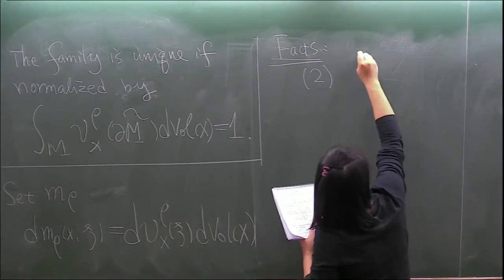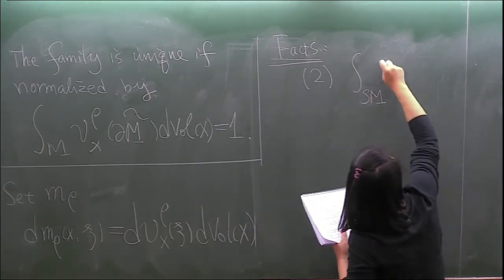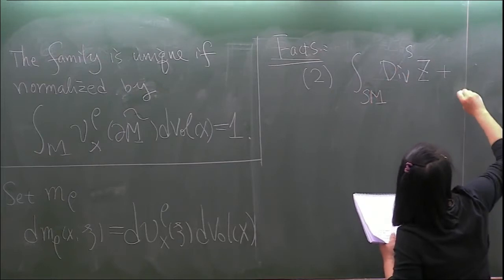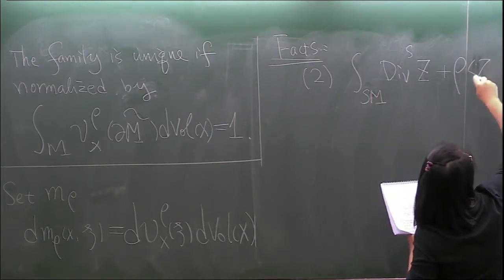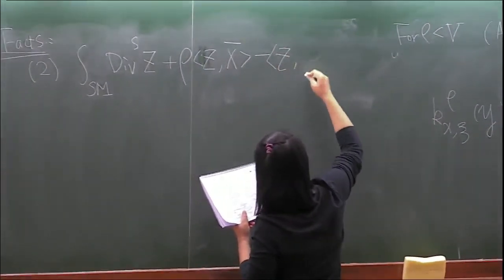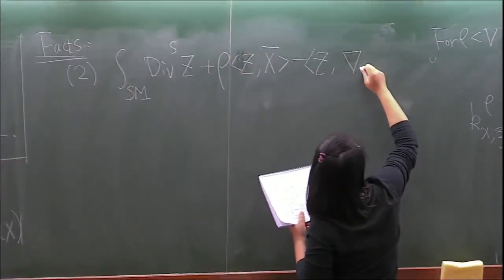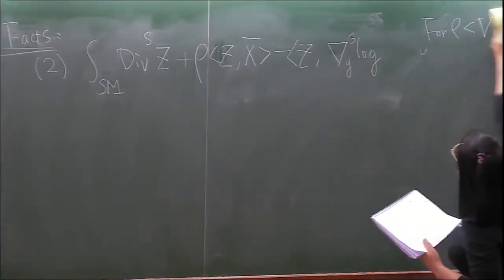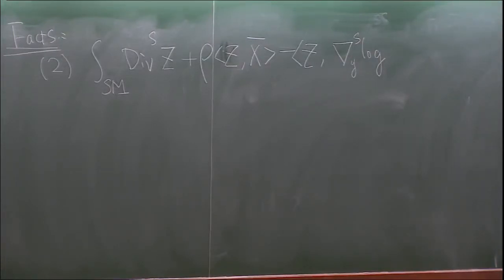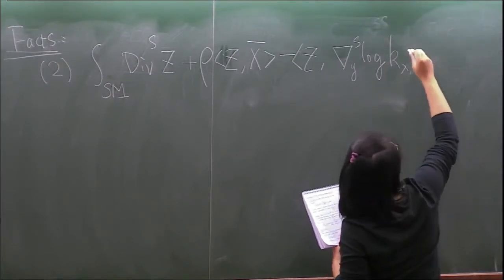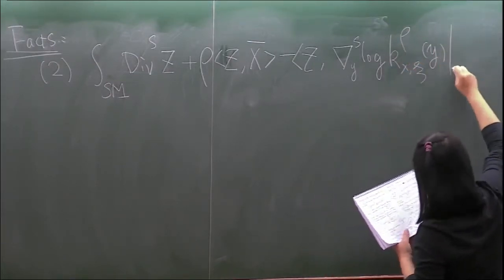You take the integral of S m of divergence x applied to z plus rho, now here is rho, z x bar, and then minus z gradient y s of the logarithm of this Martin kernel, evaluated at y equals to x.